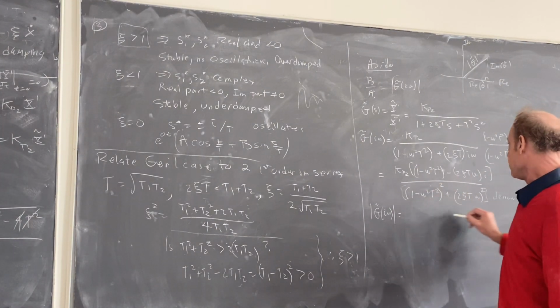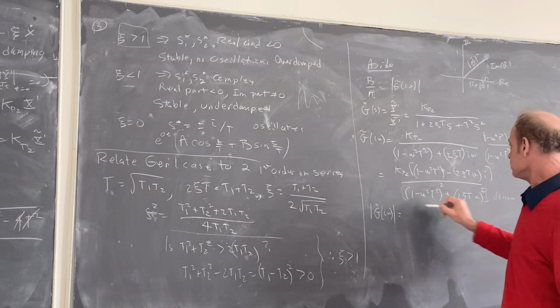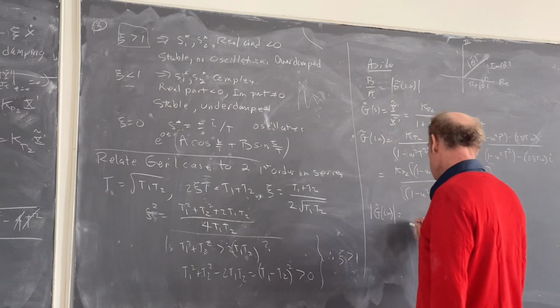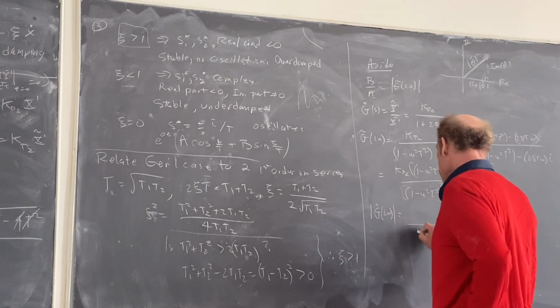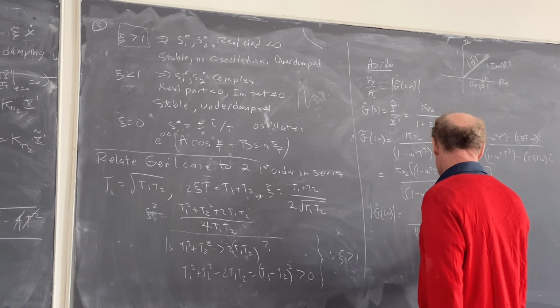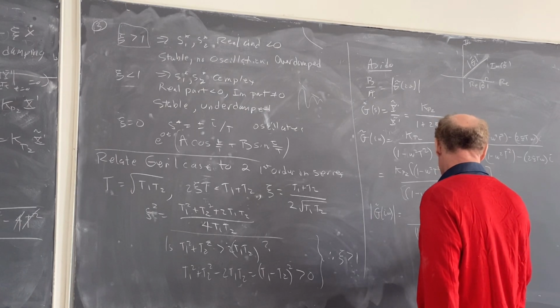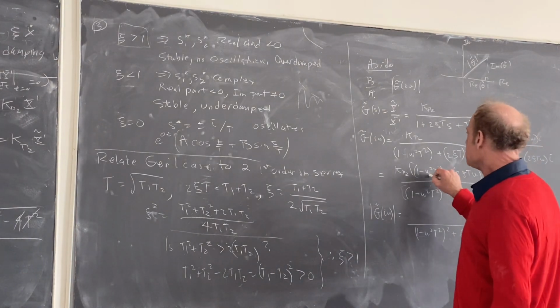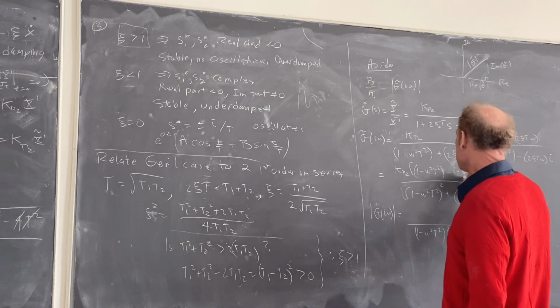Since they both have the same denominator, I can square them and take the square root. And now I take the square root of this squared plus this squared.